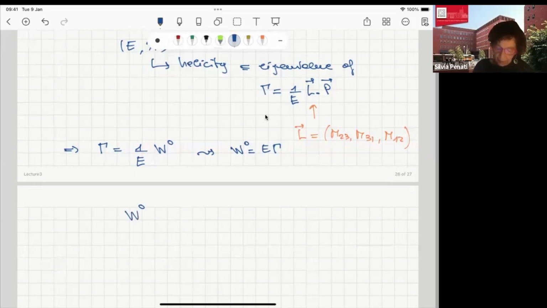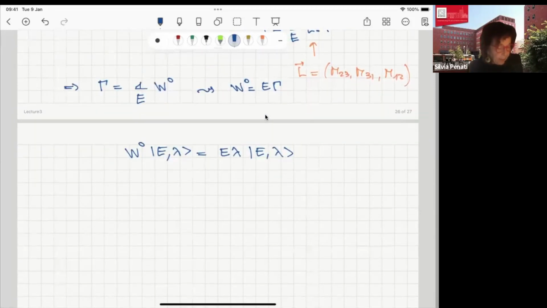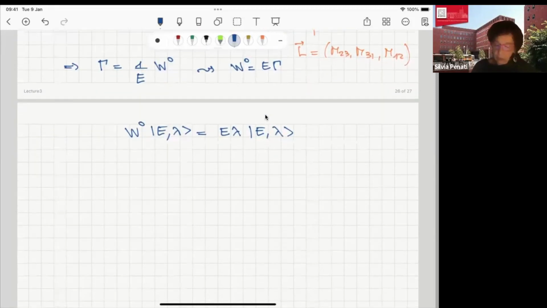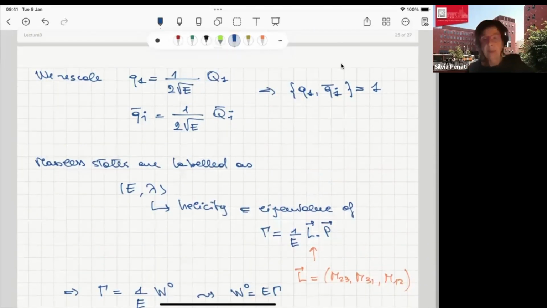So W0, when it acts on this state, gives me exactly E lambda. Okay, I'm telling you that because now I still want to recognize in this non-trivial algebra Q1 and Q bar 1 dot as being, well, actually annihilation and creation operators respectively.